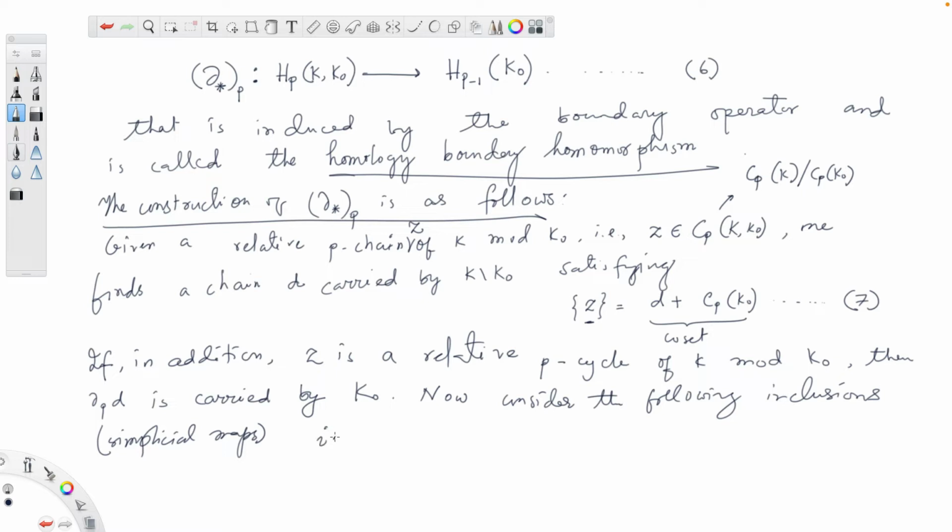The first inclusion is of K0 in K, because K0 is a subcomplex of K. And secondly, pi, the inclusion of the pair K comma the null set included in K comma K0.